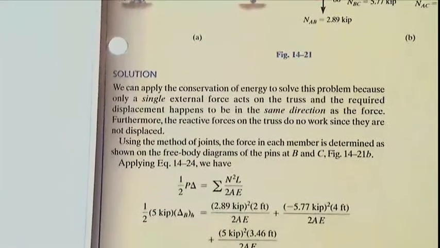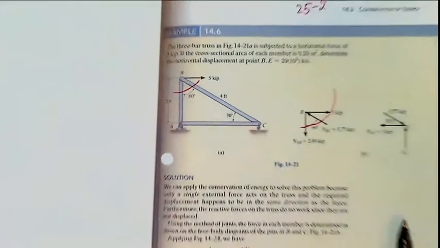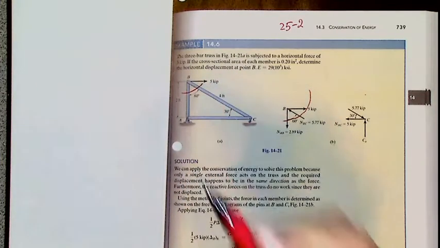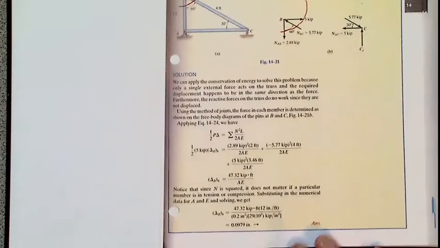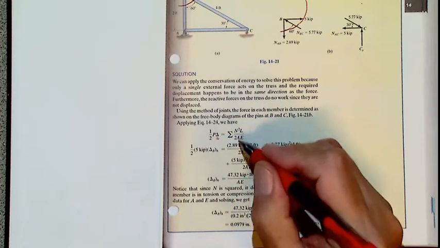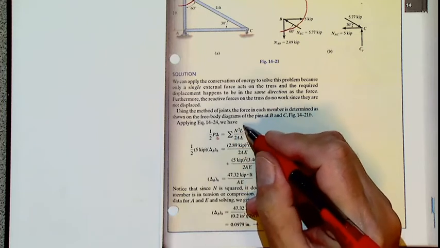So we would like to find displacement of this hinge B in horizontal direction. Okay, as a result, there will be the displacement delta. 1/2 P delta equals sum of the energies accumulated in these bars.